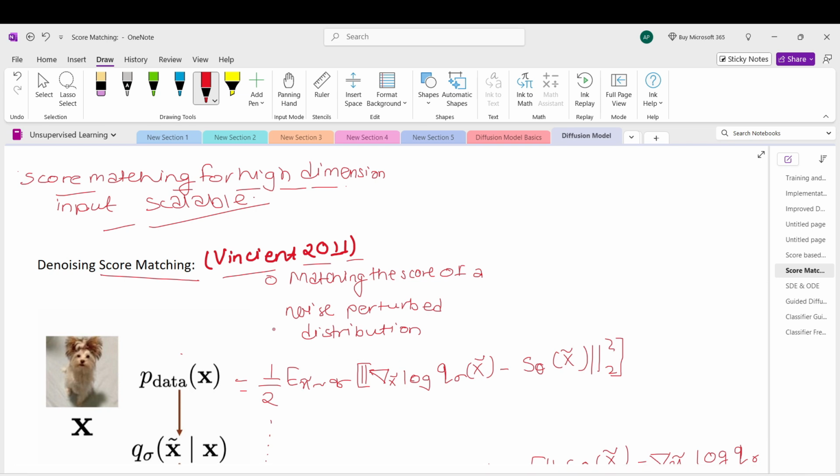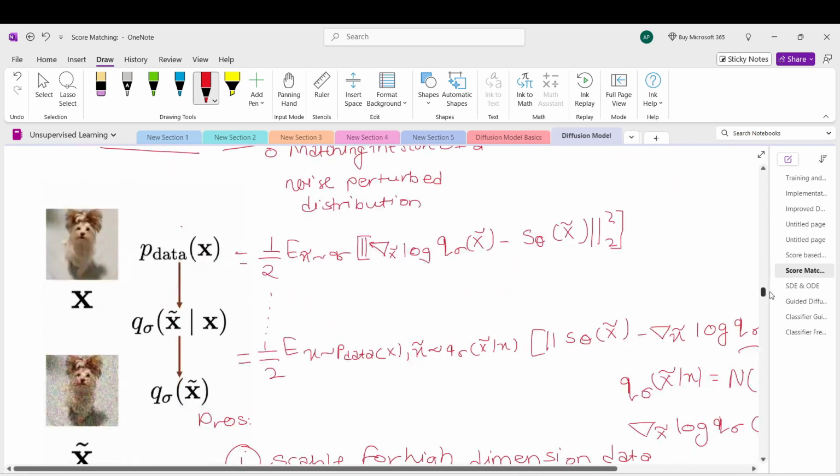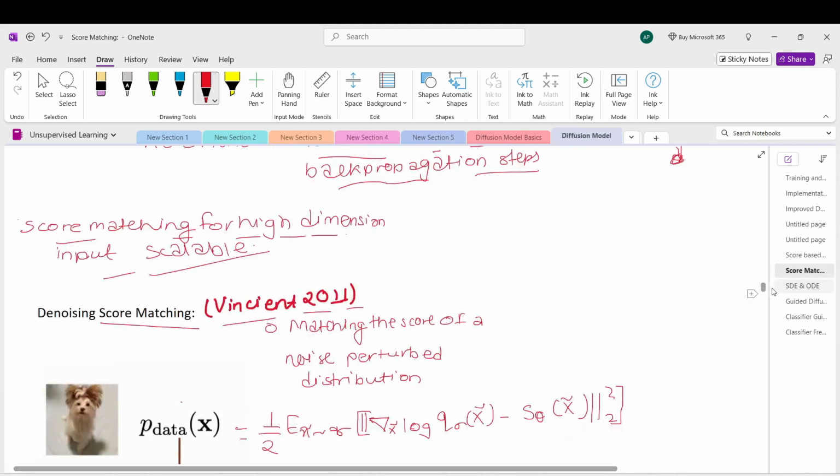To make it concrete, we are on the journey of learning diffusion models, and right now we are learning score matching. Score matching is just that we want to learn this quantity, the gradient of log p data of x.